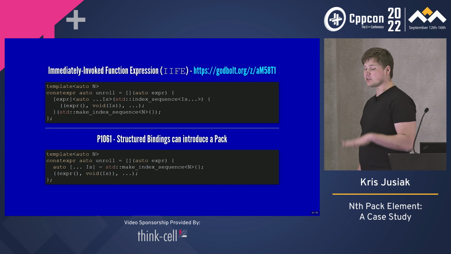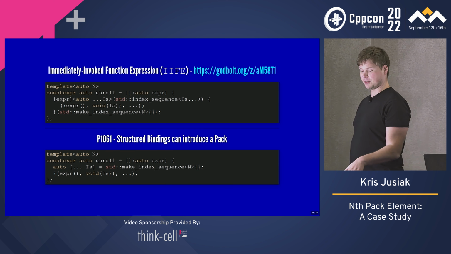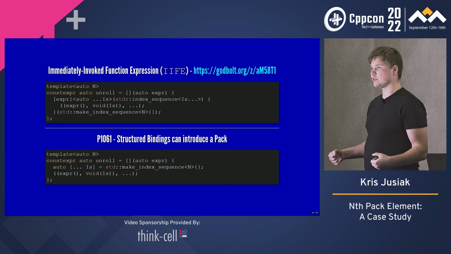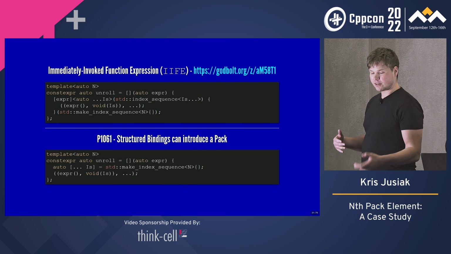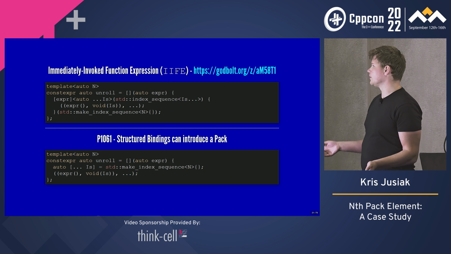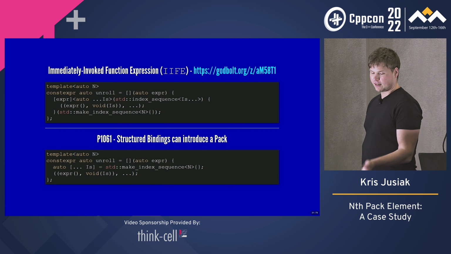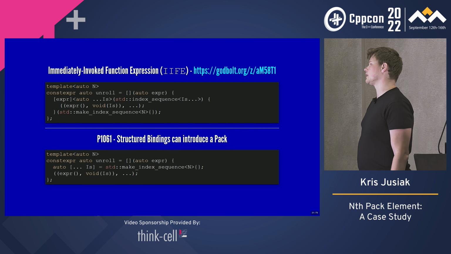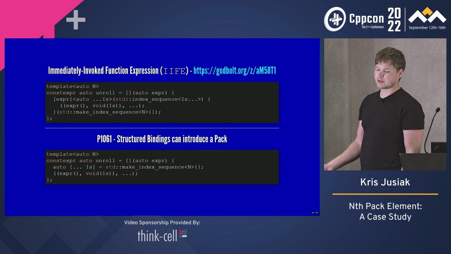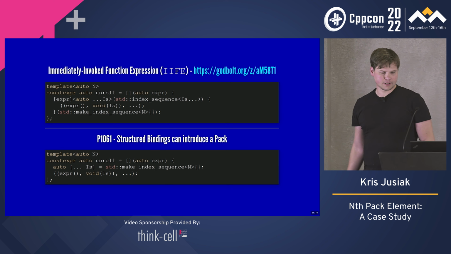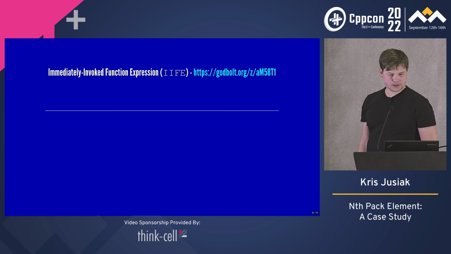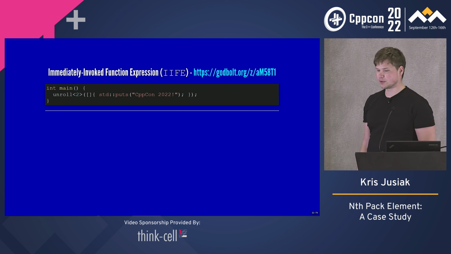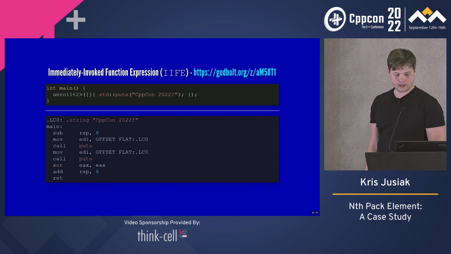So I just wanted to hint with this proposal, which I mentioned before, that it's actually much simpler. We can do make index sequence, which is also destructured into ISs, and then we can just call it. The bottom part is still not ideal, but the first part is actually pretty decent, I'd say. So we can have make index sequence and then call it and expand it. So how does that look in the assembly when we call it with 2?